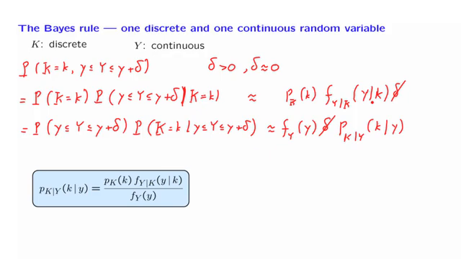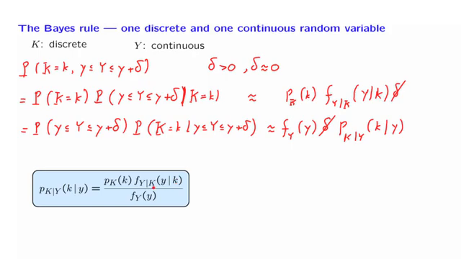So this version is useful if we have a continuous noisy observation Y on the basis of which we're trying to make inferences about the discrete random variable K. And in order to apply the Bayes rule, we need to know the unconditional distribution of the random variable K, and we also need to have a model of the noisy observation, a model of that observation under each possible conditional universe.